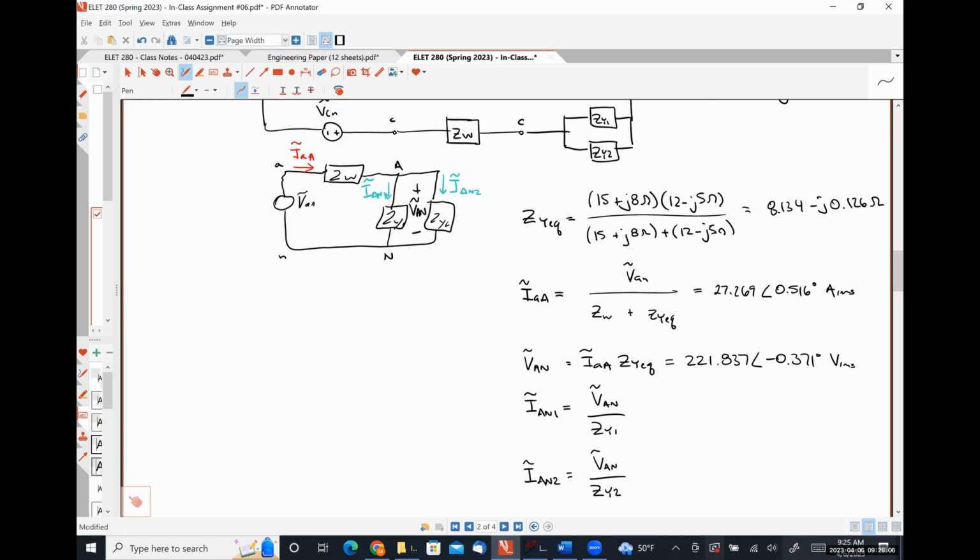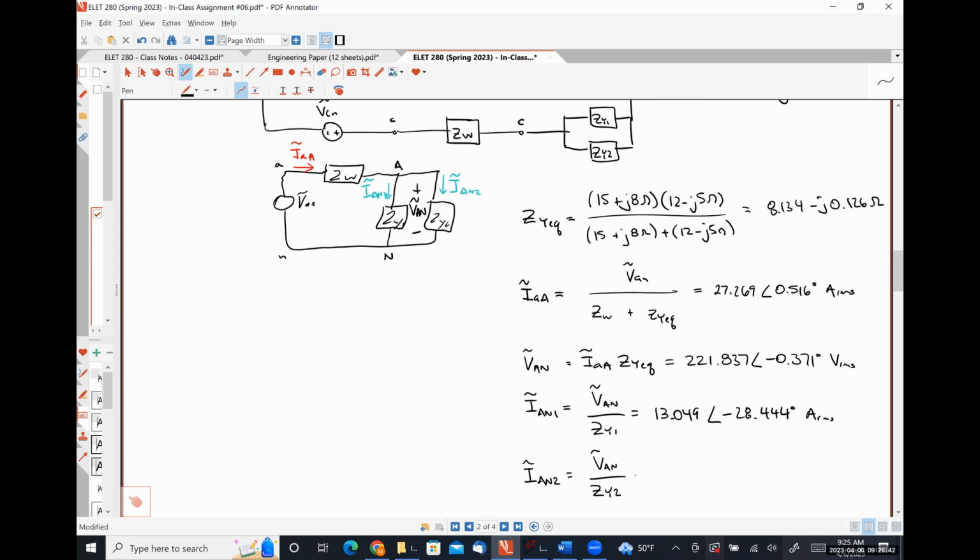And so to solve for IAN1, I'm just going to do Y divided by 15 + 8j. I get 13.049 with an angle of negative 28.444 amps RMS.